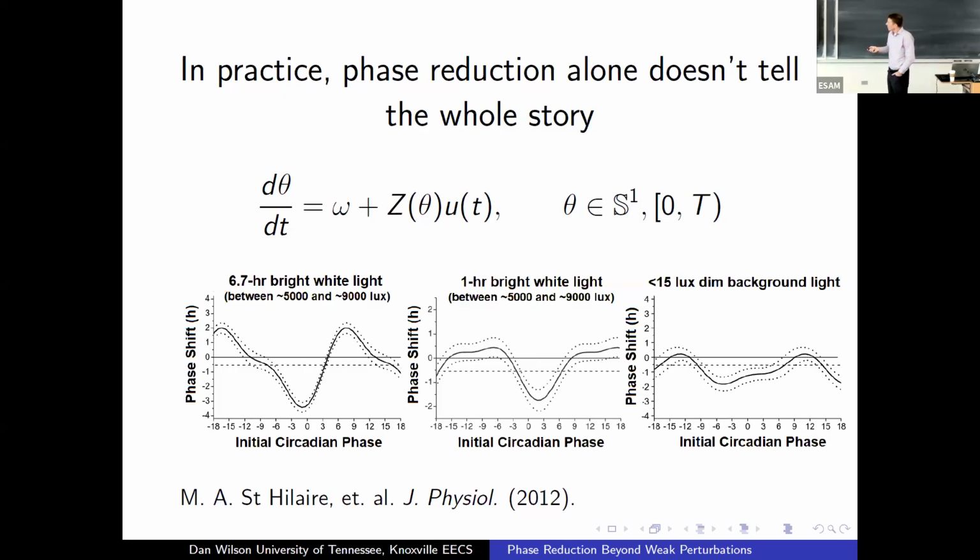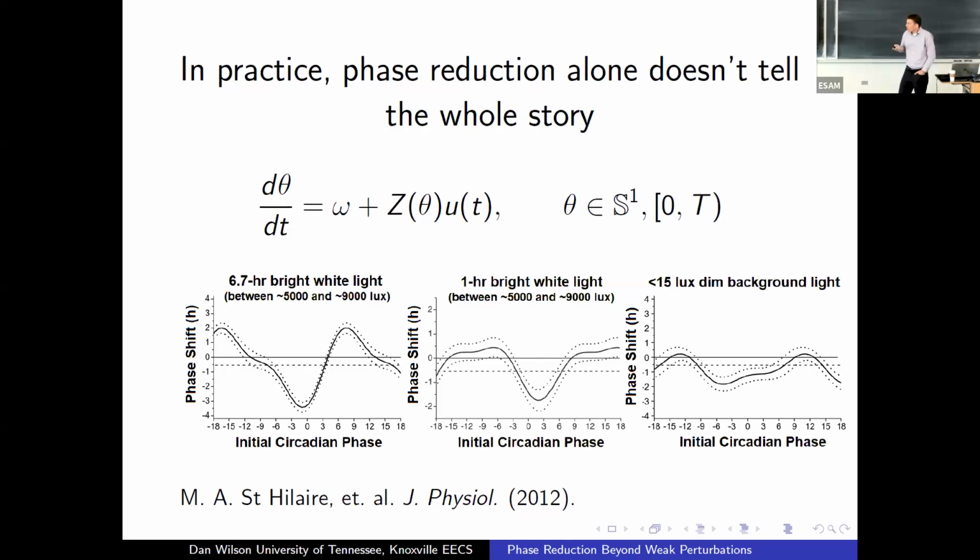This is just another experimental example: applying a relatively long duration light that's bright and measuring the phase response curve, we get something like this. A shorter duration light gives me a phase response curve that looks like this, and a smaller magnitude light gives me yet another phase response curve.